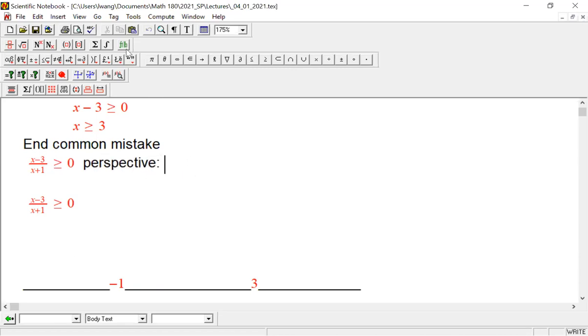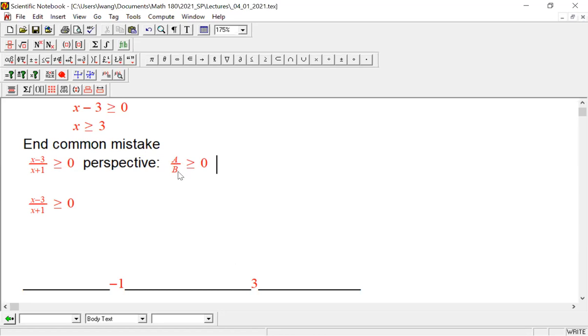We view this quotient as two numbers. Remember we talked about this when we were doing number 1 on basic 9? You see this as a quotient of two numbers. When is the quotient of two numbers positive?